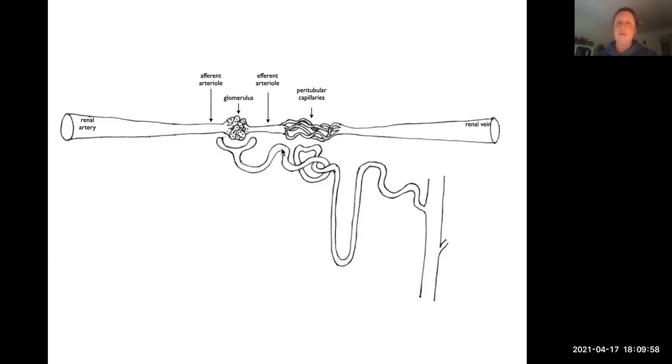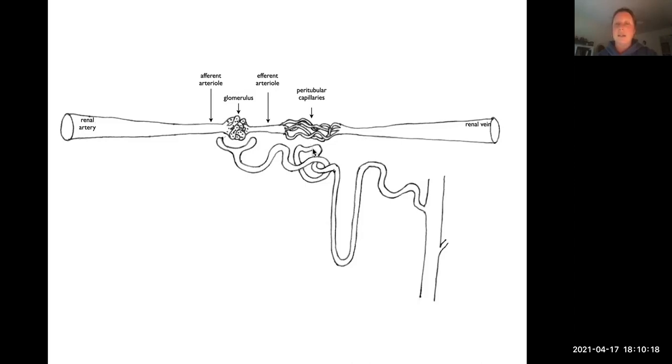As it passes through the proximal convoluted tubule, the cells of the proximal convoluted tubule use membrane transporters to move those substances into the interstitial fluid where they will be picked up by the peritubular capillaries and returned to the blood.